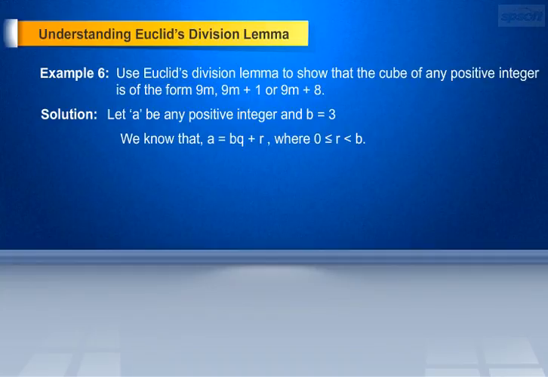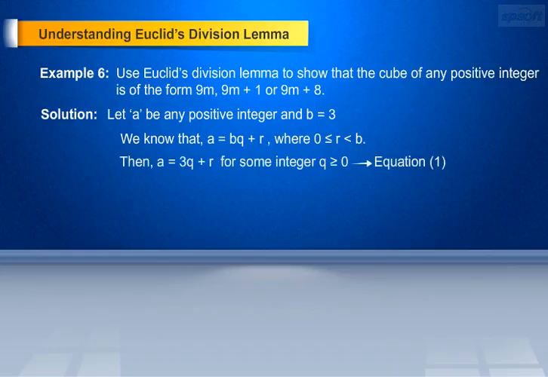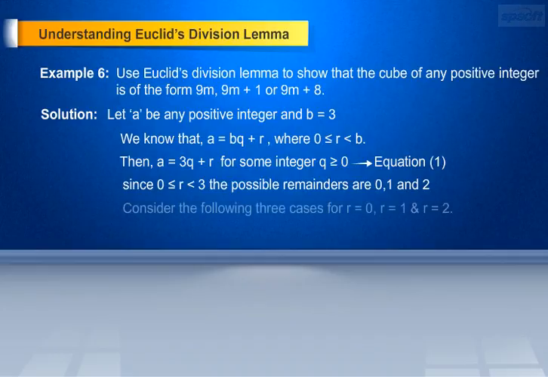We know that a equals bq plus r, where 0 is less than or equal to r less than b. Then, a equals 3q plus r for some integer q greater than or equal to 0, equation 1. Since 0 is less than or equal to r less than 3, the possible remainders are 0, 1, and 2. Consider the following three cases for r equals 0, r equals 1 and r equals 2.